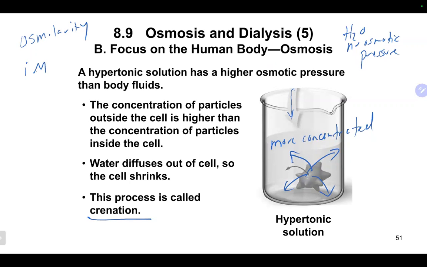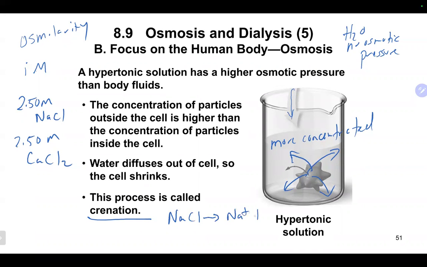To give you an example, let's say we took two ionic solutions. One was 2.5 molar sodium chloride, and one was 2.5 molar calcium chloride. As we talked about earlier, when sodium chloride breaks apart, we get one sodium ion and one chloride ion, which means i in this case would equal 2.